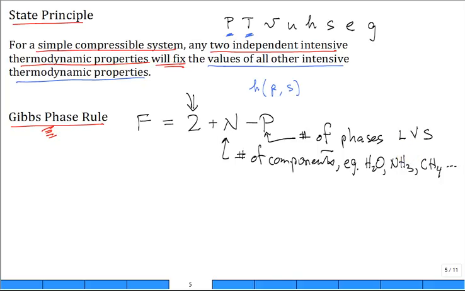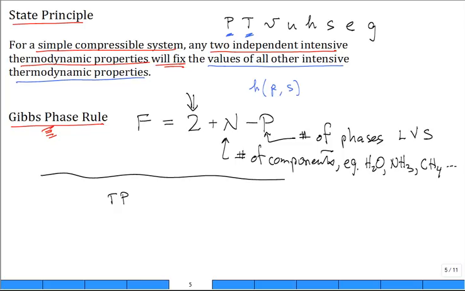How did they come up with this? Well, the quick derivation is that all our systems are simple compressible systems, so we have the temperature and pressure. We just threw you the curveball of having multi-components.